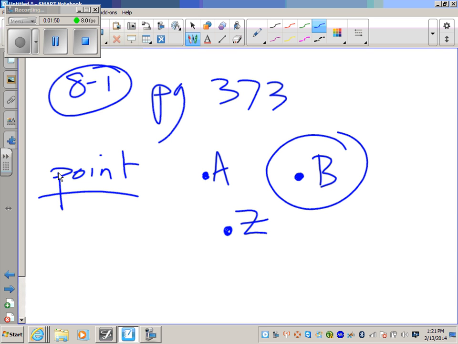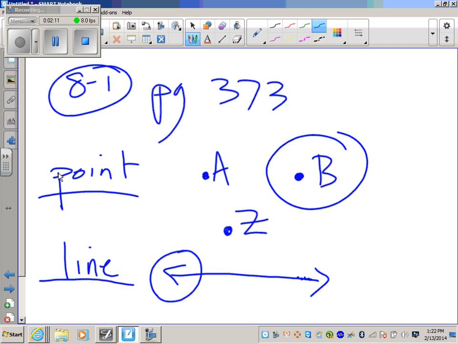A line is a series of points. If you were to think of a line as a series of points, all these points together give you this line. The difference between a line and something else is the fact that a line extends in opposite directions without end.